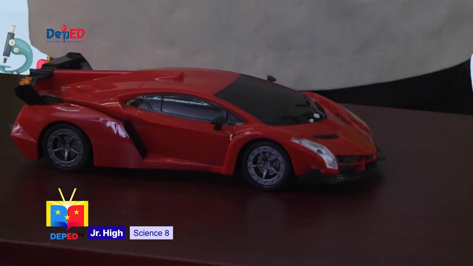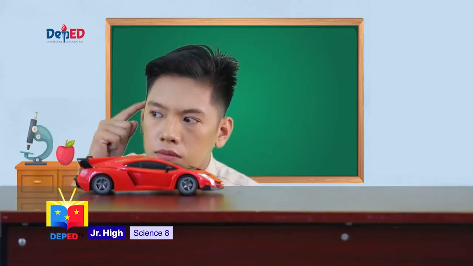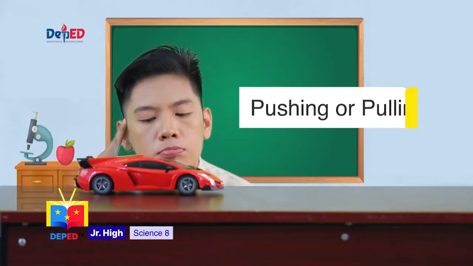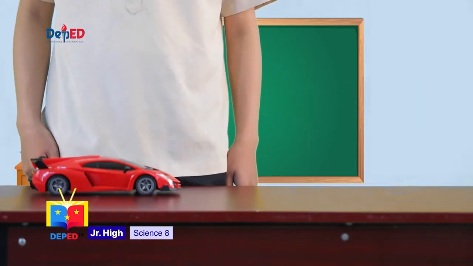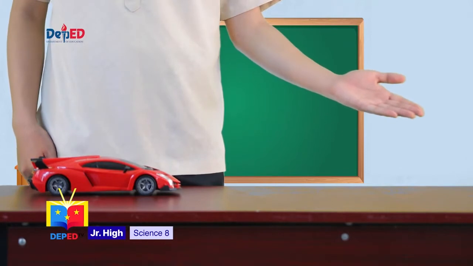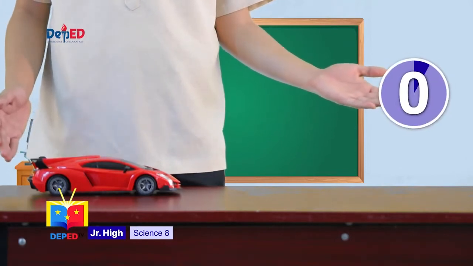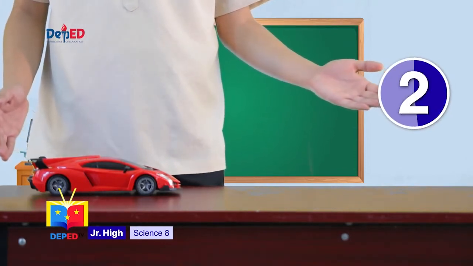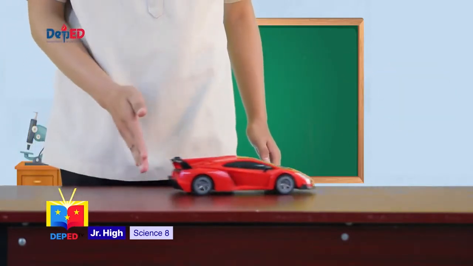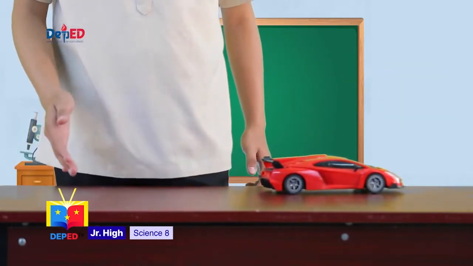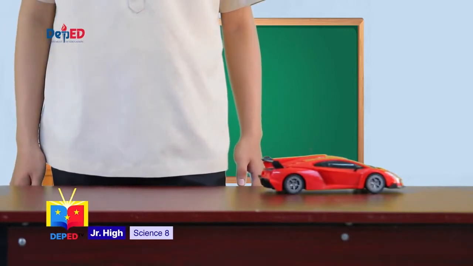But how can we make the toy car move? The force applied by pushing or pulling will make the toy car move. What will happen if I push the toy car to the right? The toy car will move in the same direction as the force.